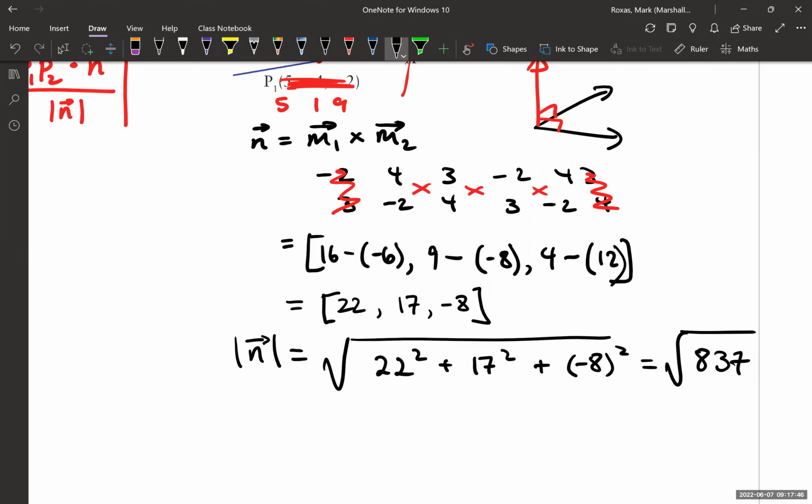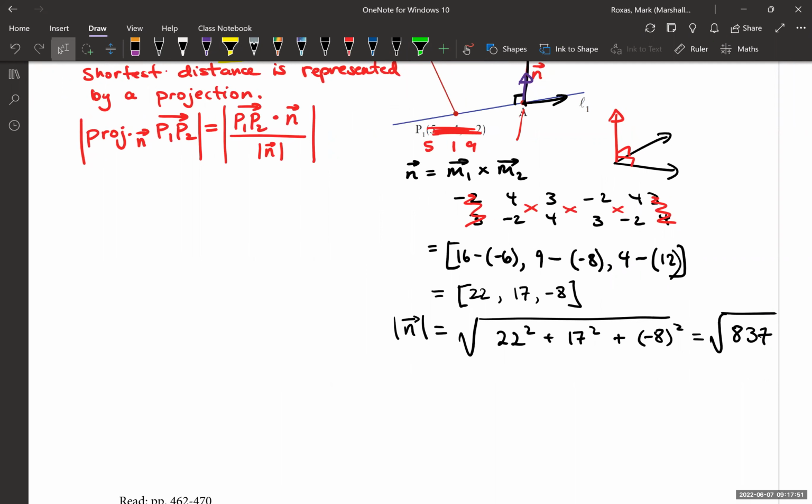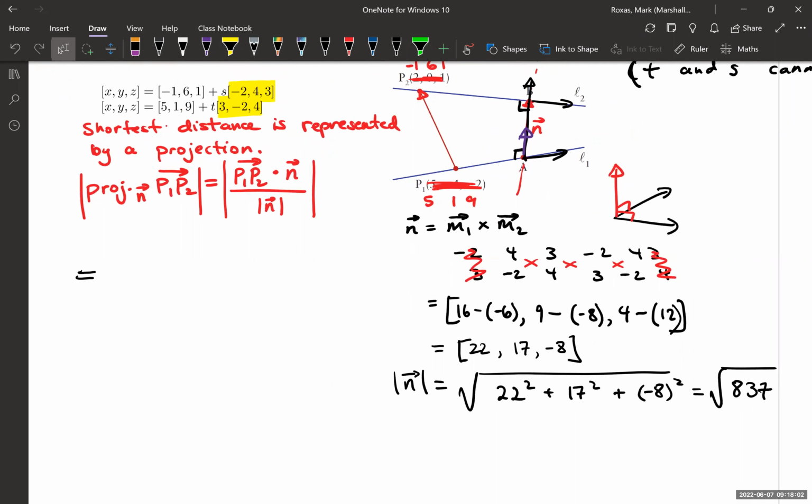Okay, so we have that. We can go back to our projection formula and say, P1, P2 dotted with n. You've got to use the algebraic dot product. So I'm going to take each component, the x component of P1. Oh, we never created P1, P2. I forgot about that. Okay, let's do that now. P1, P2, creating a vector connecting those two points.